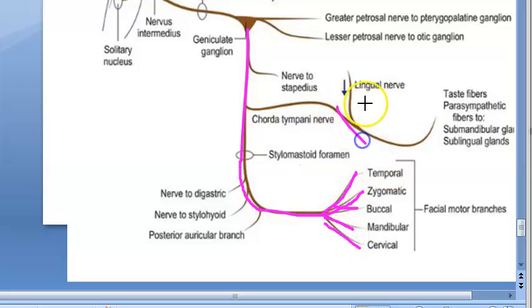There could be further problems here, but we are not saying that. So, if all the 5 things are fine, then the entire facial nerve from the geniculate ganglion onwards is fine. If all the 5 are not fine, definitely you can say that there is some problem before the geniculate ganglion itself.